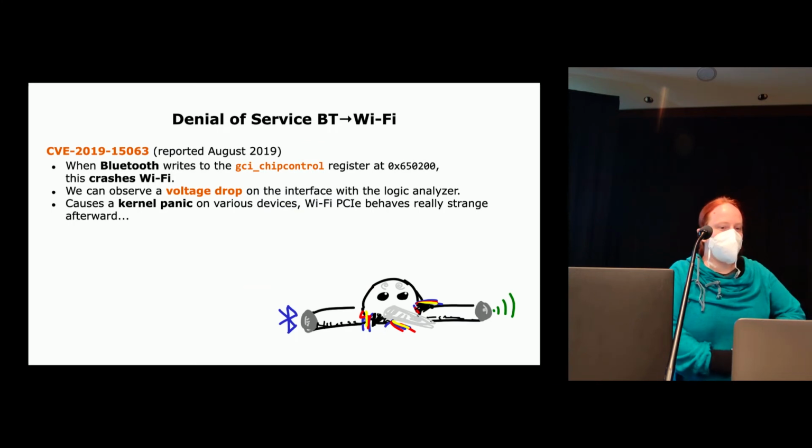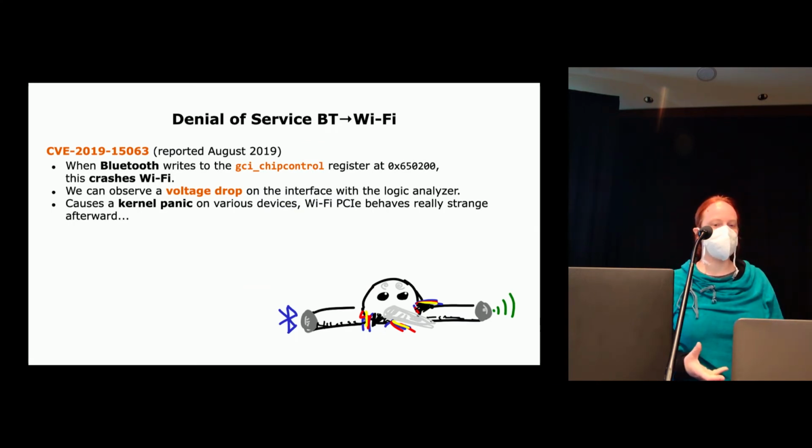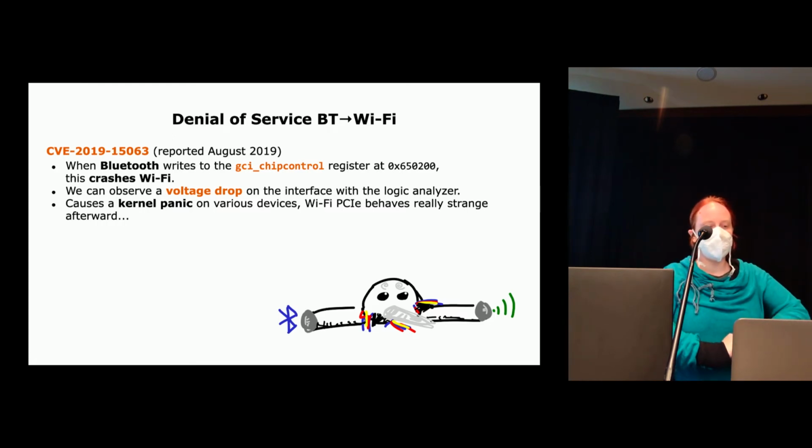Now, this interface has some control registers, and simply writing invalid values to the control registers crashes this interface, and also from Bluetooth you can crash the Wi-Fi chip, so the Wi-Fi chip really restarts. And on the interface between the chips, when you have a serial analyzer or logic analyzer and look into this protocol, you can even see that there is a voltage drop in between, so that's really weird.